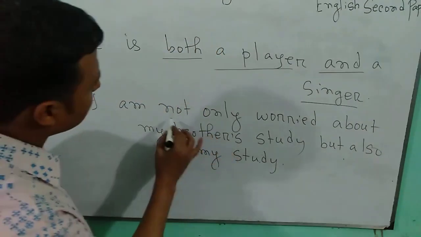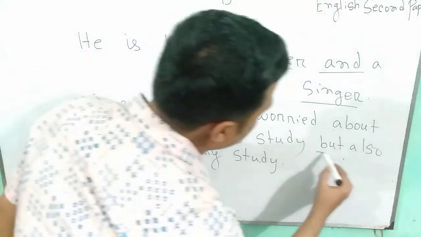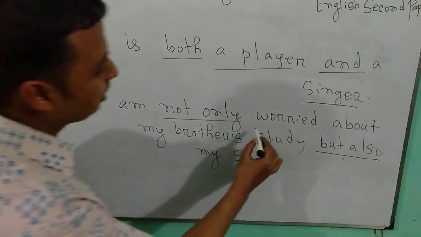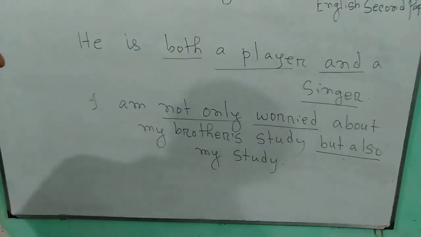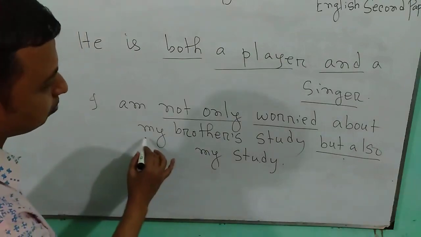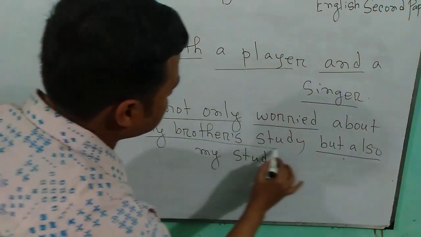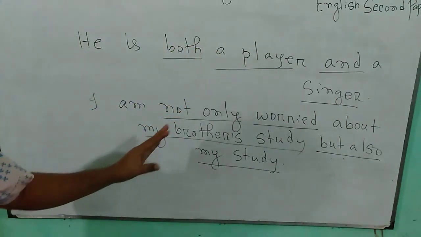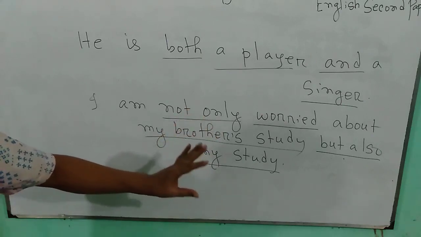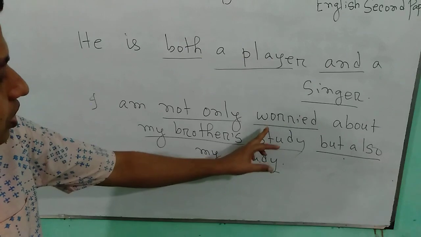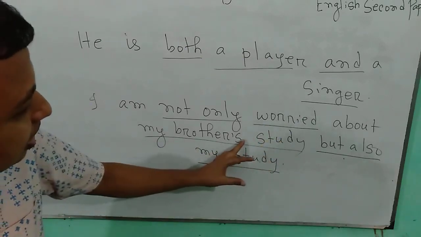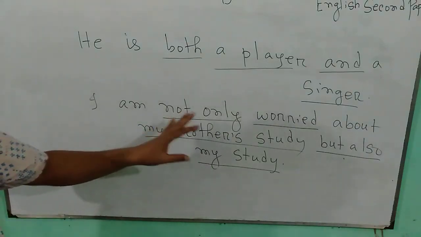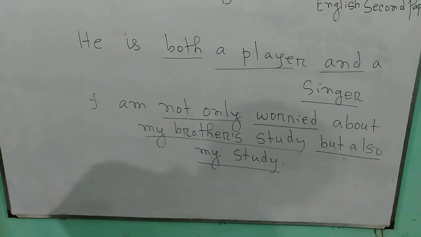Here, not only...but also is a correlative conjunction. Worried is an adjective. My brother's study is a noun phrase, and my study is another noun phrase. Here, this correlative conjunction has added worried about my brother's study and my study. So, not only...but also has been used as correlative conjunction.